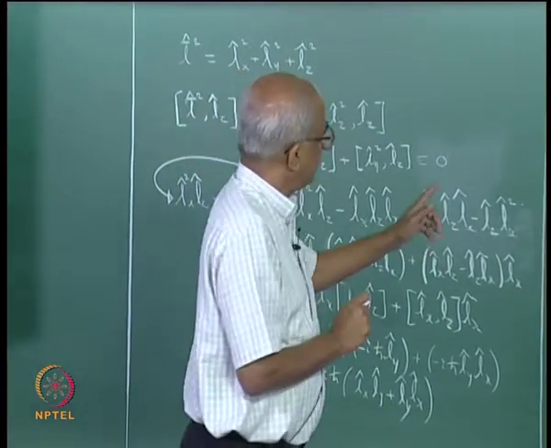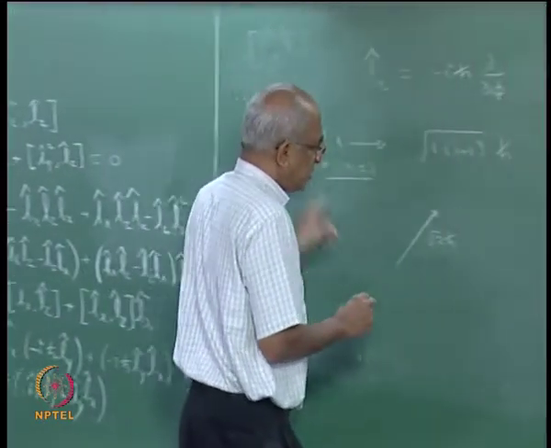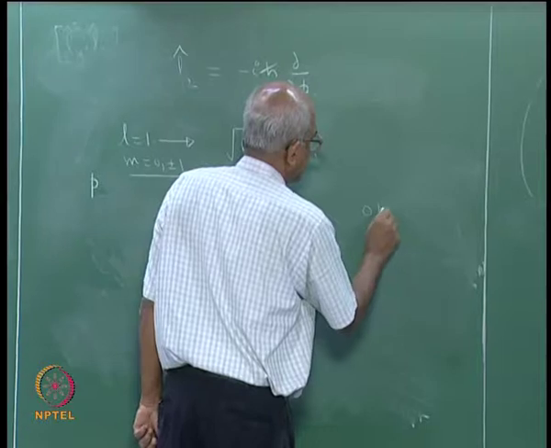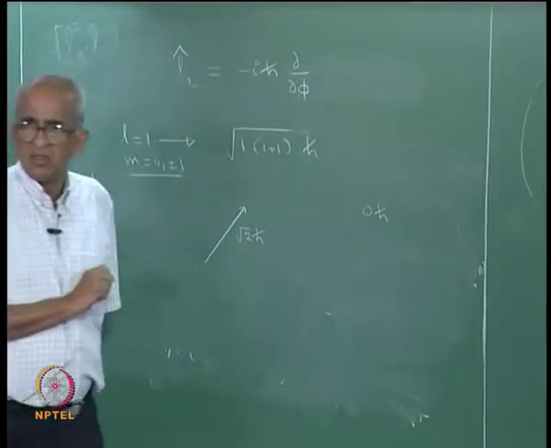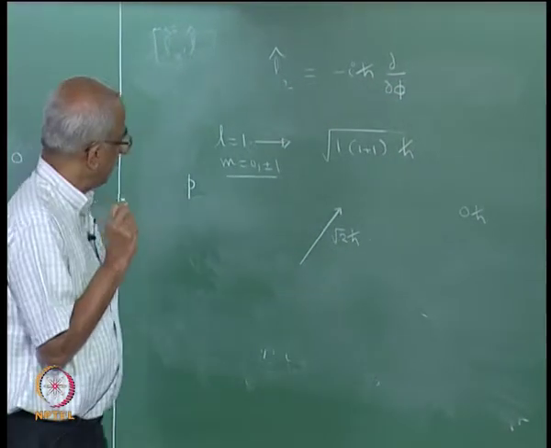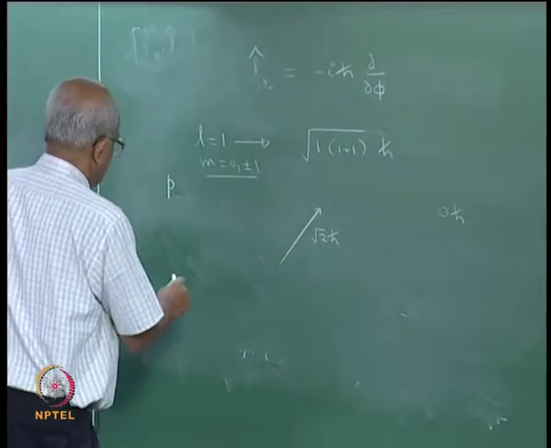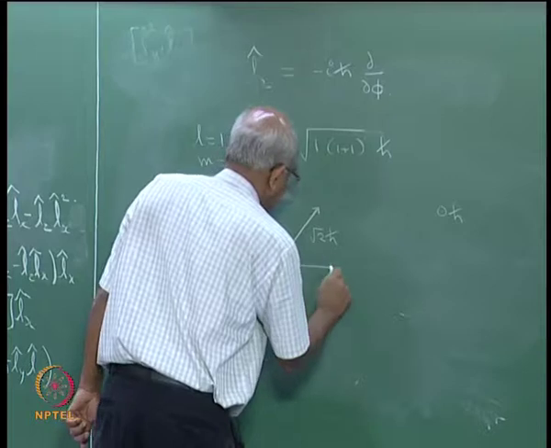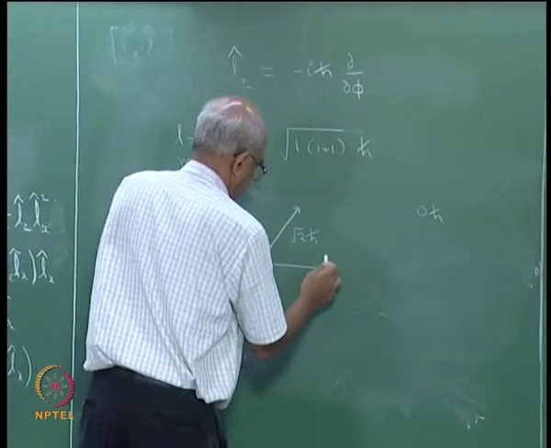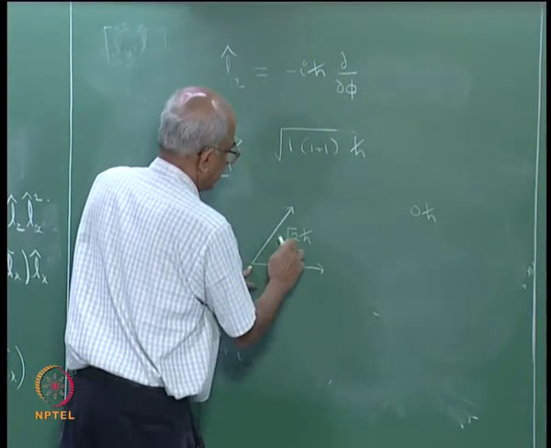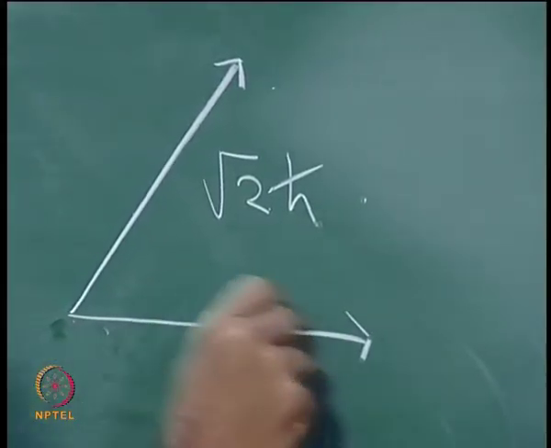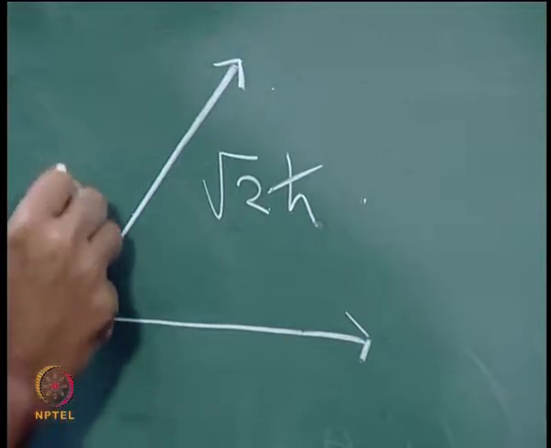So, for example, if you say m is equal to 0, that means the z component of the angular momentum vector is actually 0 times h cross, right. And how will I represent that? Maybe I can draw a line like this. This is my angular momentum vector, length is root 2 times h cross. It is oriented in such a fashion that it is perpendicular to the z direction.